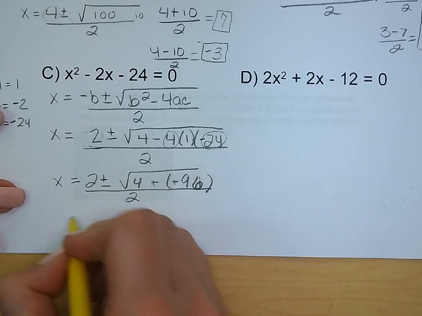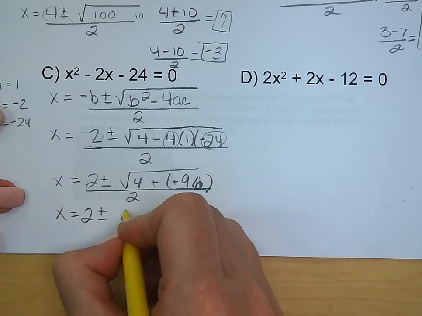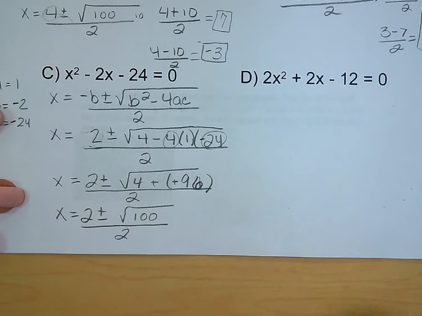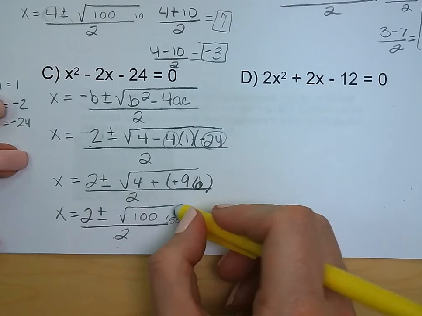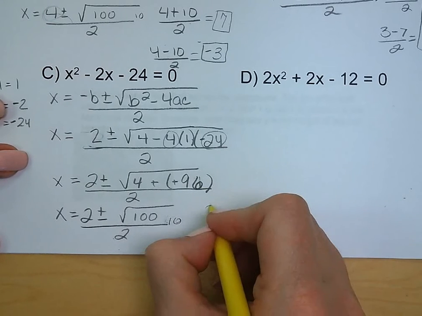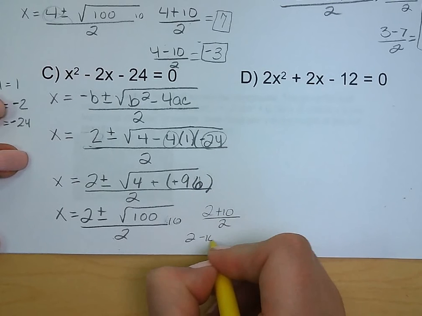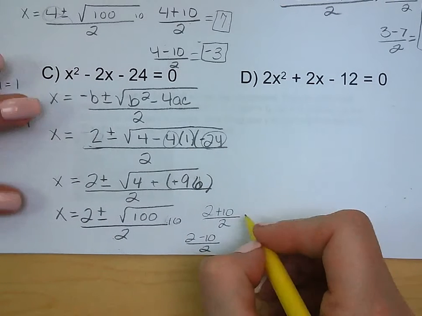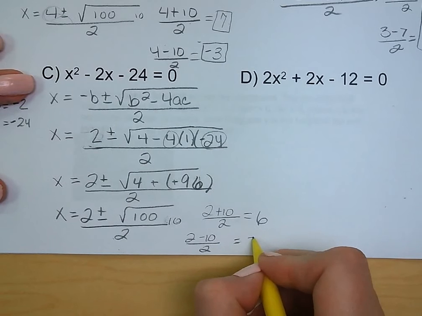So 4 plus 96 is 100. 2 plus or minus the square root of 100 over 2. And so the square root of 100, still 10. So we've got 2 plus 10 divided by 2, and 2 minus 10 divided by 2. 2 plus 10 is 12, divided by 2 is 6. 2 minus 10 is negative 8, divided by 2 is negative 4.